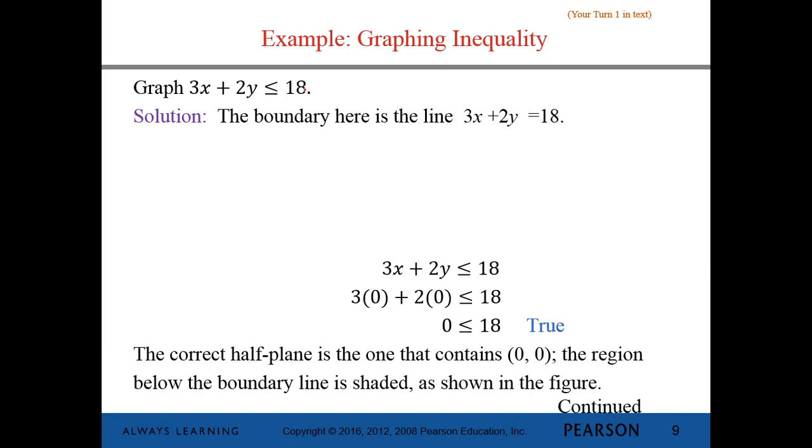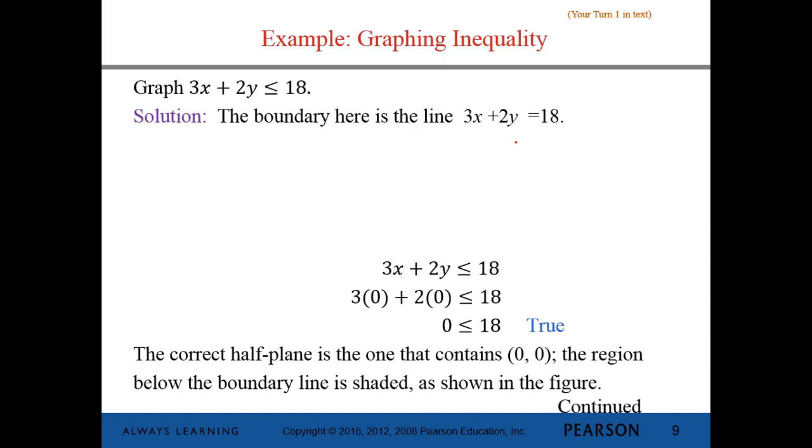The boundary line is going to be equal to, so we use the equation to find the boundary here, the line that represents the boundary, and we're going to plot this. Again, the way I would plot this is to write it in slope-intercept form, because then you can plot it easily. And so in this case, you're going to get y is equal to what?